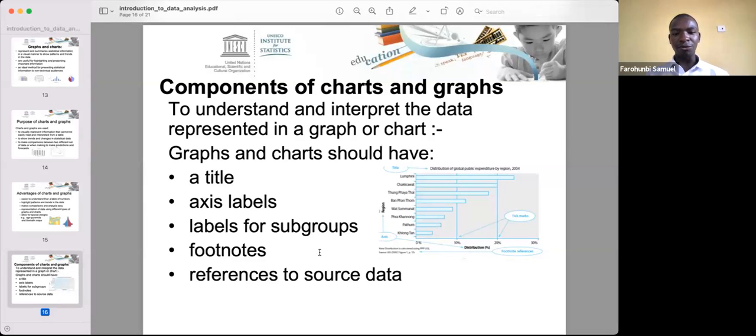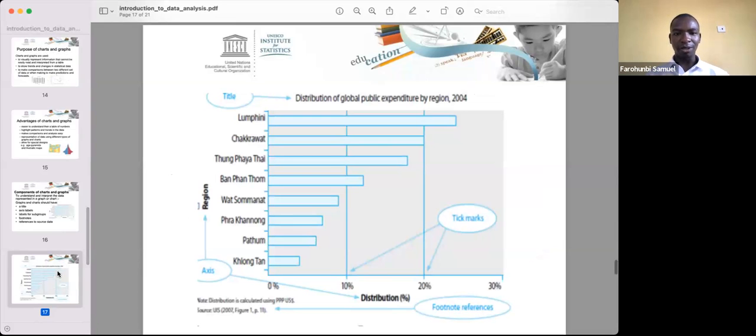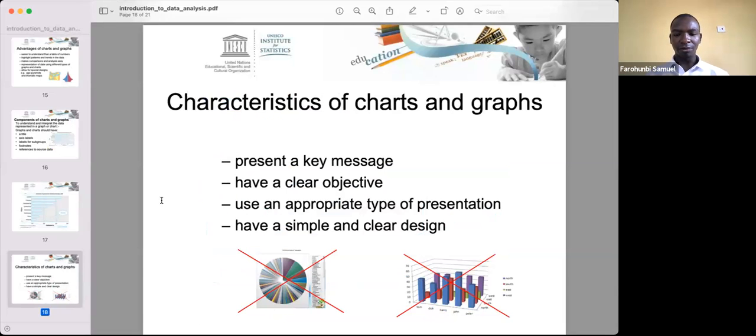Then you need to have footnotes and reference to the data source. Now, this is again what I have just said. That is on the horizontal level and on the vertical level. So you have them that way.